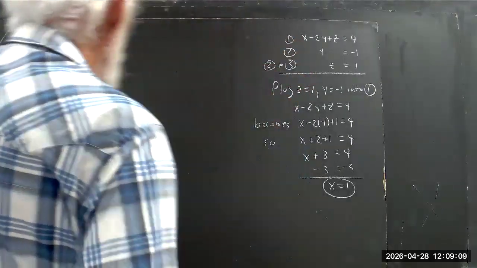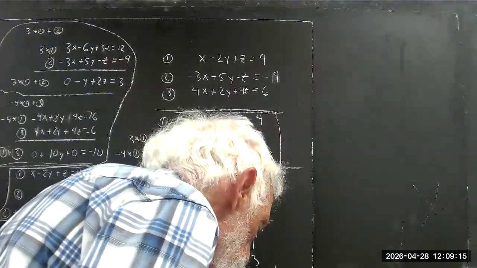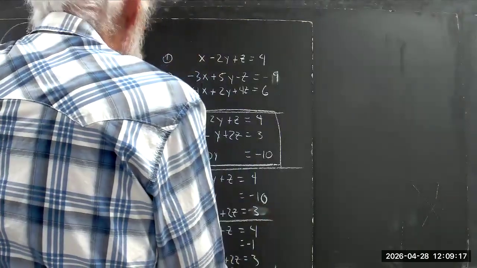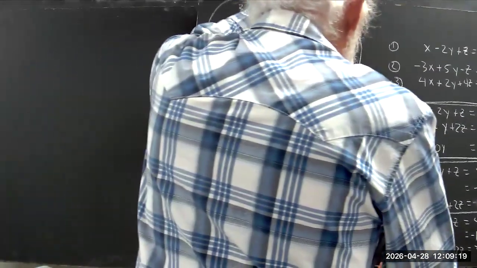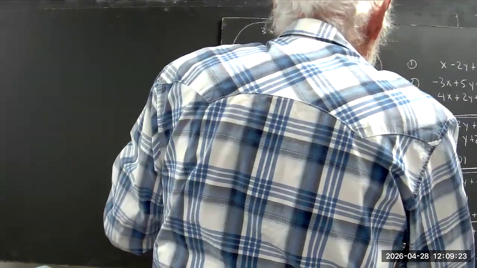Now, can you write the original system, which you can't see because of the way I've got things? Let's get the original system over here so everybody can see it.